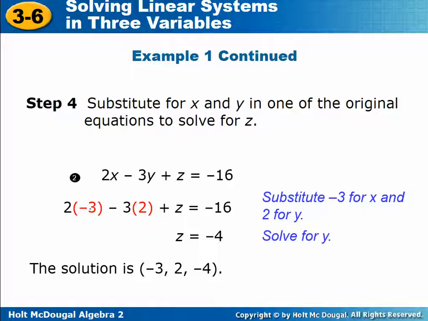So we take our x of negative 3, our y of 2, and we plug this in, and we'd get negative 6 minus 6 plus z equals negative 16, which is negative 12 plus z equals negative 16. Add 12, and we get z equals negative 4. So then our final thing to do here is write this with all three together in their parentheses, the x, the y, the z, and then to check our answer.